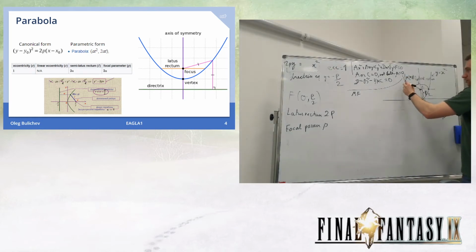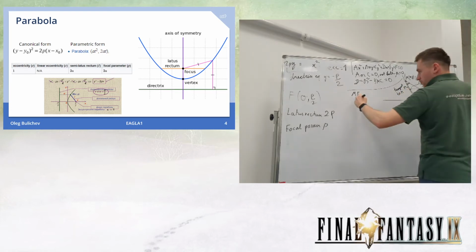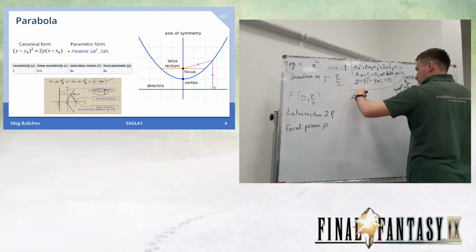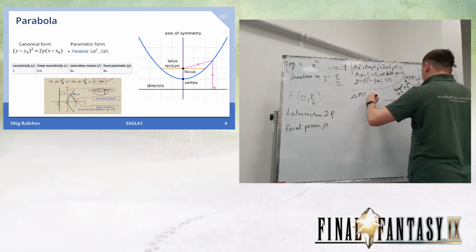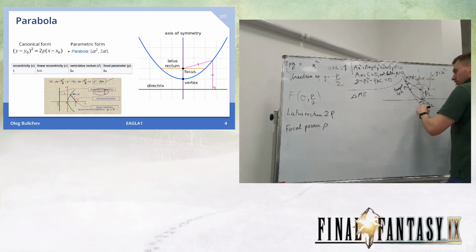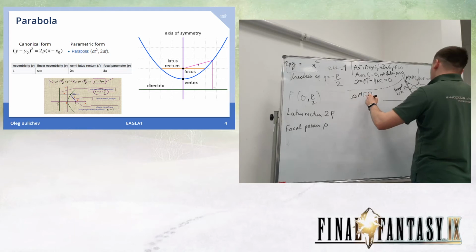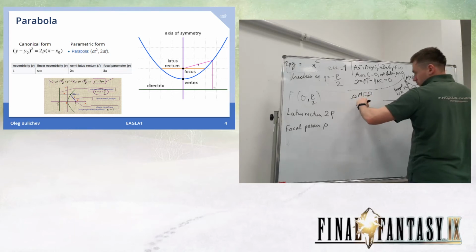This will be the tangent to M. So we have the triangle M, F, and where is MD? The tangent.